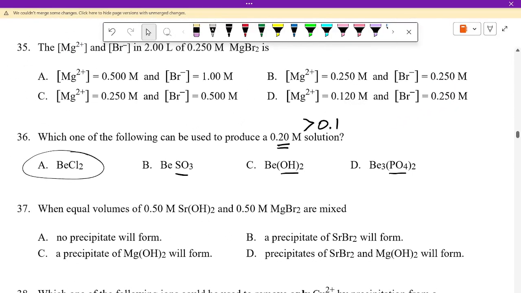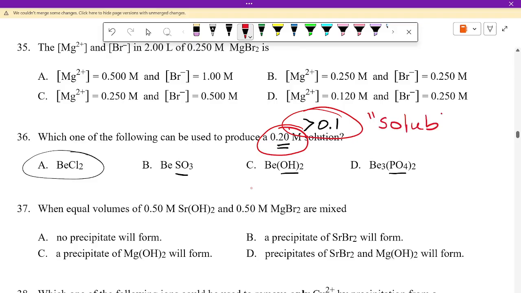Which of the following can be used to produce a 0.2 molar solution, and that is greater than 0.1, right? So that's going to be something that falls in the soluble category on your solubility chart. And just so you're aware, did we talk about this yesterday?